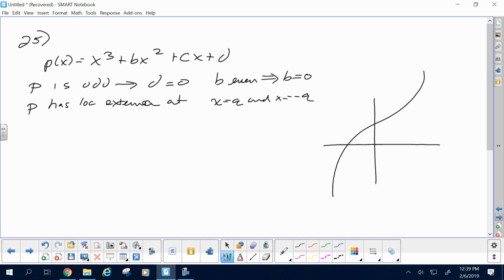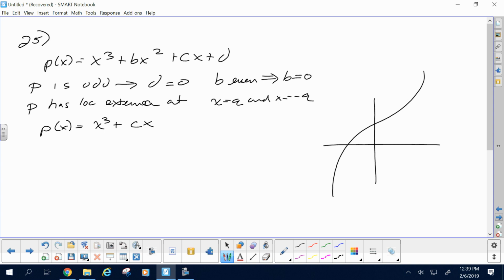That's a little known fact. But the idea for even or odd, besides all the pre-calculus stuff, is that if a function is odd, its derivative should be even. If its derivative is to be even, then that B cannot be there. So, that said, I now have that P of x is x cubed plus cx.